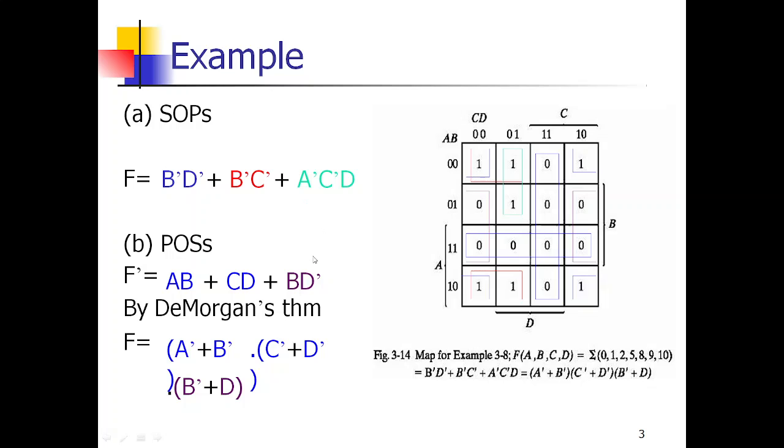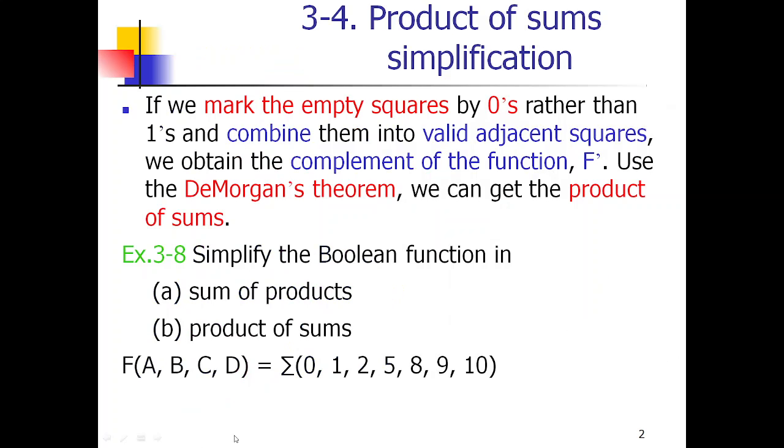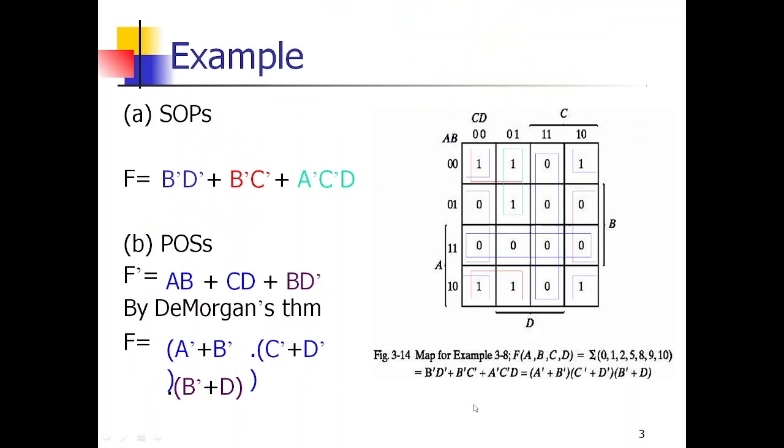But for product of sum simplification, what we have to do is consider the min terms which are not given. The given min terms are 0, 1, 2, 5, 8, 9, 10. The min terms other than these have to be plotted as 0.